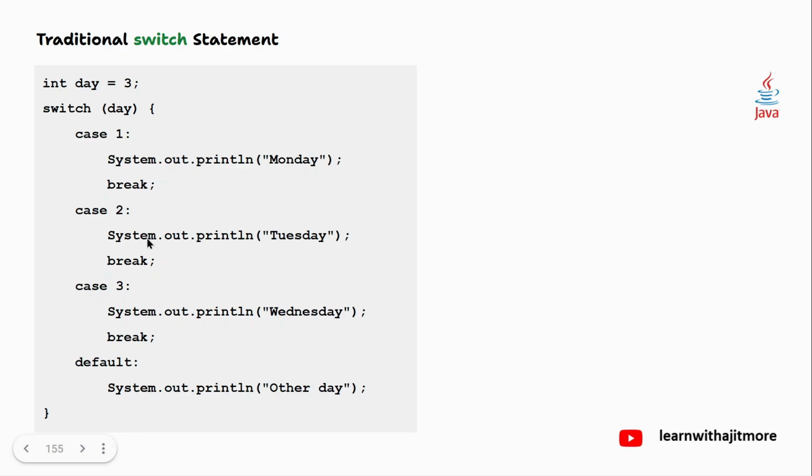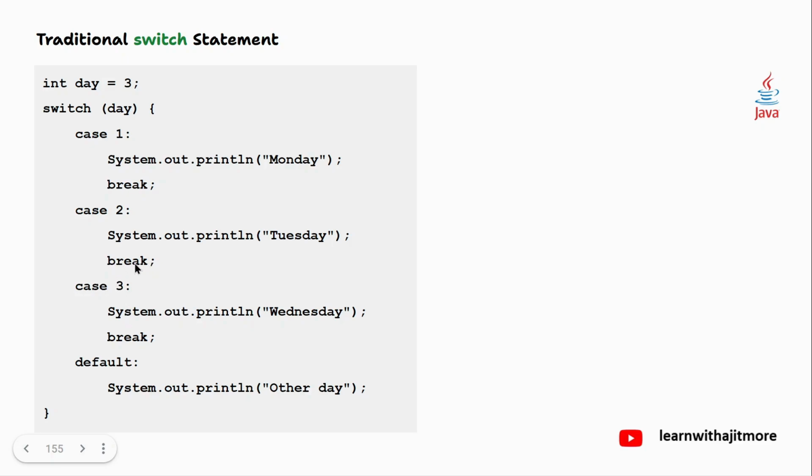ARM. An arm, you know, we have two arms. Okay, so what is done: day is passed, right, then it will match the value of that day with these labels, and with whichever label it is matching, the associated statements are run. And after running the statement, if there is a provision to come out of switch, it will come out.